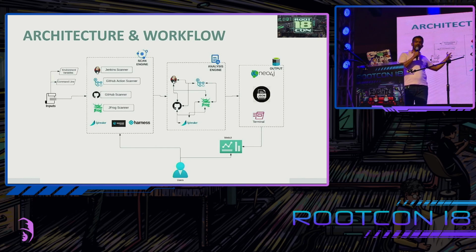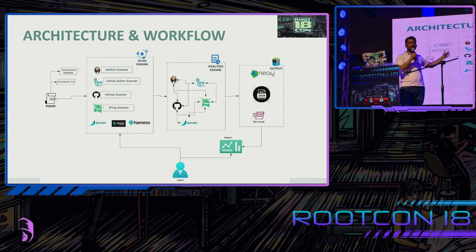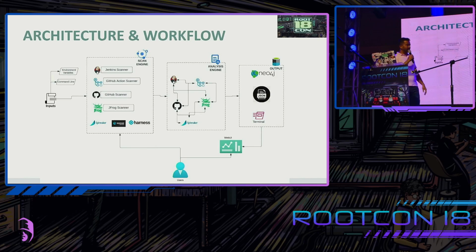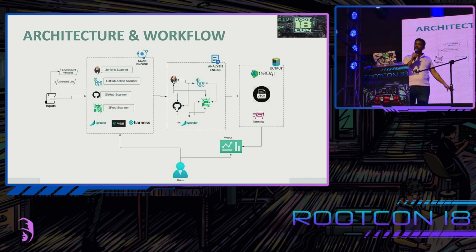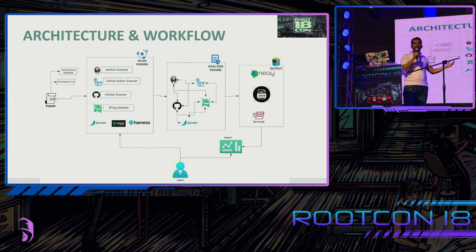These two processes happen independently of each other. The analysis engine will keep fetching data from Neo4j, do the analysis, and then store it. The scan engine you can run as and when you want. And then I have a small web UI piece to just visualize the data, but you can use any parser of Neo4j which can read the data from the database.